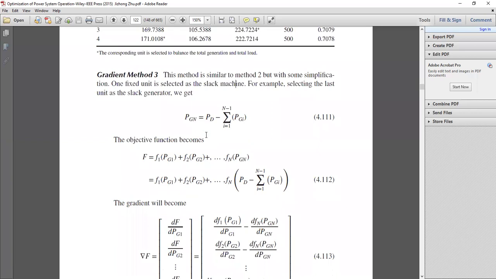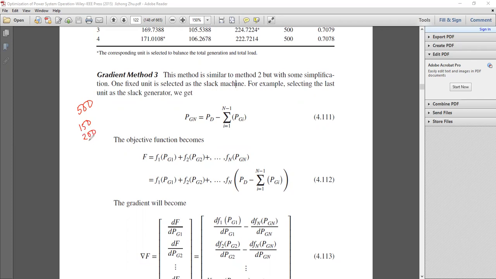So if you have, let's say, the previous scenario, how much was the demand? 500. In the previous scenario, what we had was 150 and 200. This was the case.